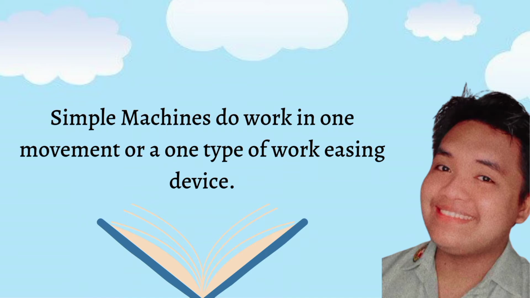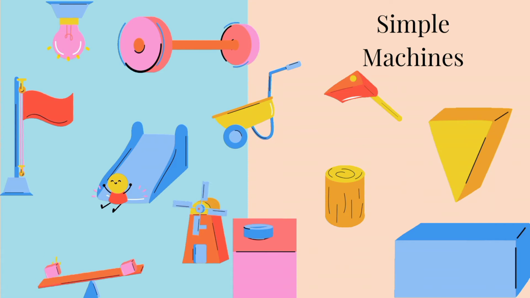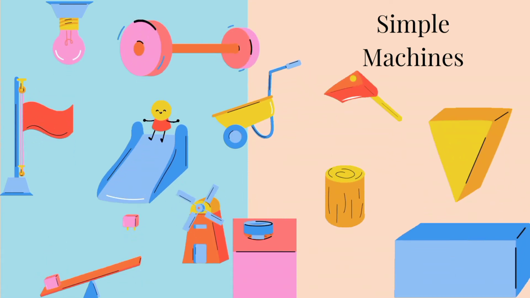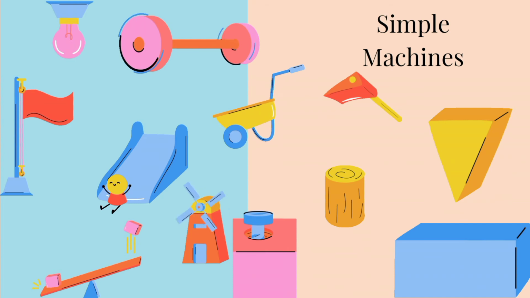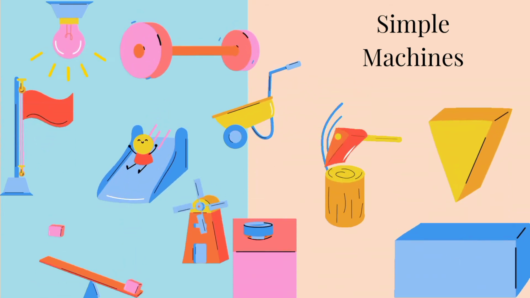Simple machines do work in one movement or one type of work-easing device. A simple machine is any of several devices with few or no moving parts that are used to modify motion and magnitude of a force in order to perform work. They are the simplest mechanisms known that can use leverage for mechanical advantage to increase force.